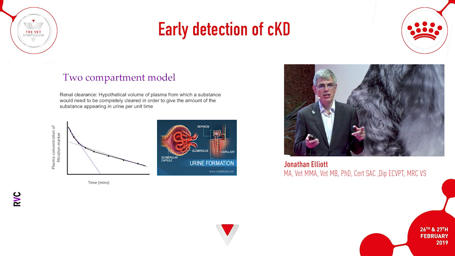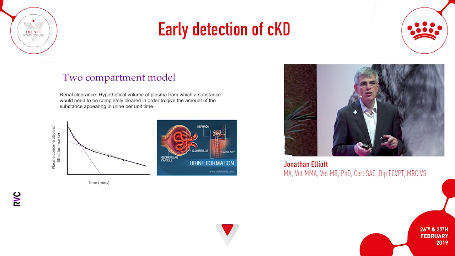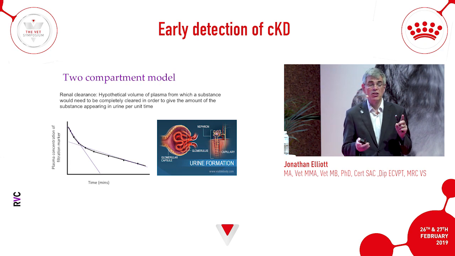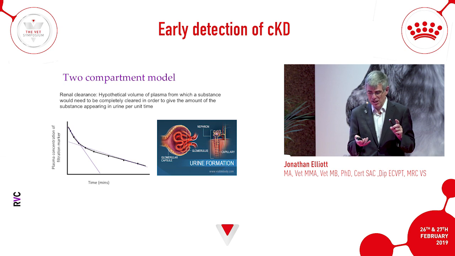So it's negligible in a cat that has chronic kidney disease, but it represents about 12 to 20% of the clearance for a cat that has borderline kidney function. And so it is actually quite important that you do take that into account when you're calculating the glomerular filtration rate.